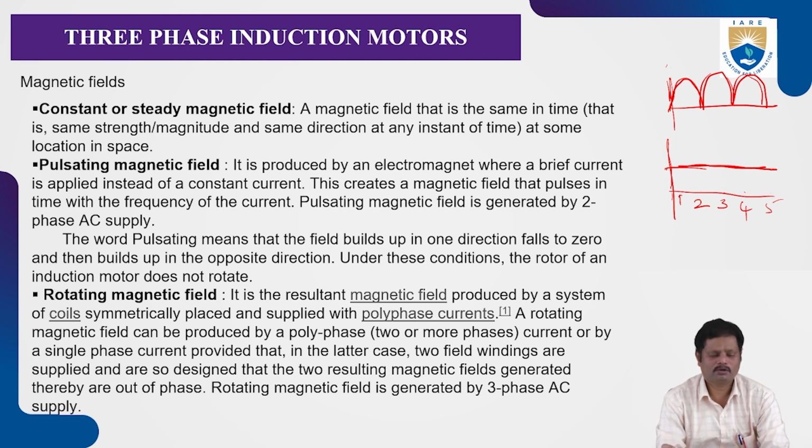And the rotating magnetic field is the resultant magnetic field produced by a system of coils symmetrically placed and supplied with polyphase currents. Depending upon the supply, motors working on single phase AC supply are called single phase induction motors, and those using three phase supply are called polyphase induction motors. 85% of the motors now widely used in industry are induction motors.